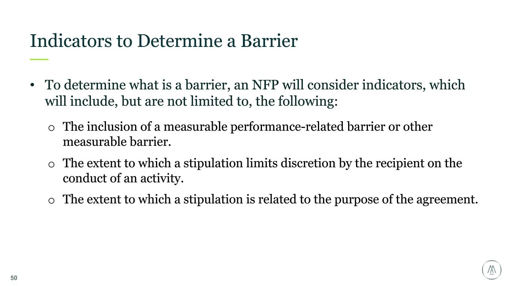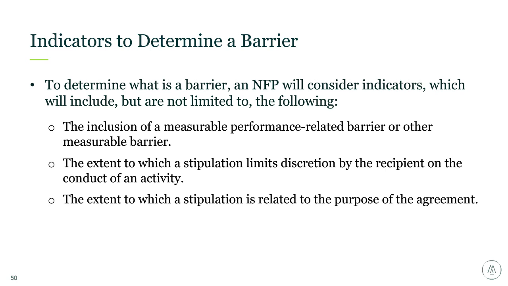You also need to look at the extent to which a stipulation limits the discretion of the recipient on the conduct of the activity. So you have to consider how much discretion the not-for-profit organization has with regards to that potential barrier. And then whether or not that stipulation is related to the purpose of the agreement.